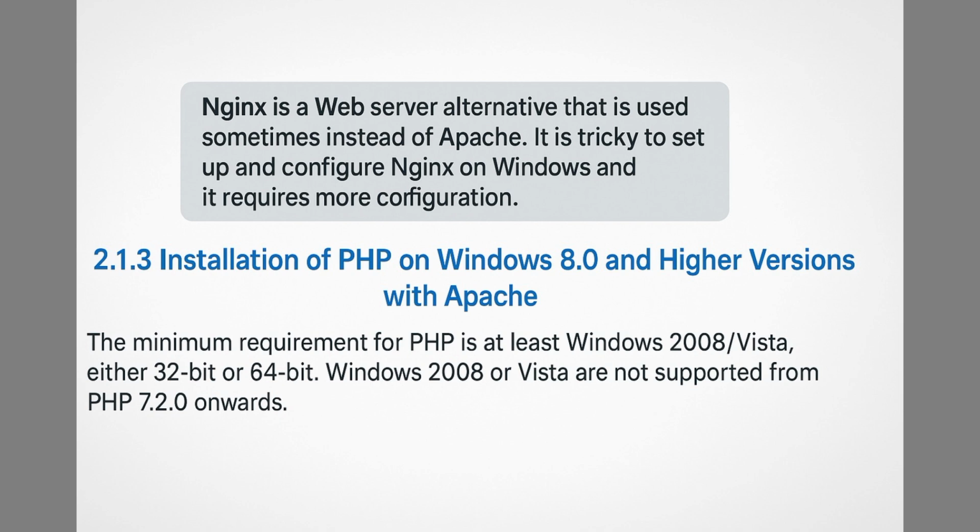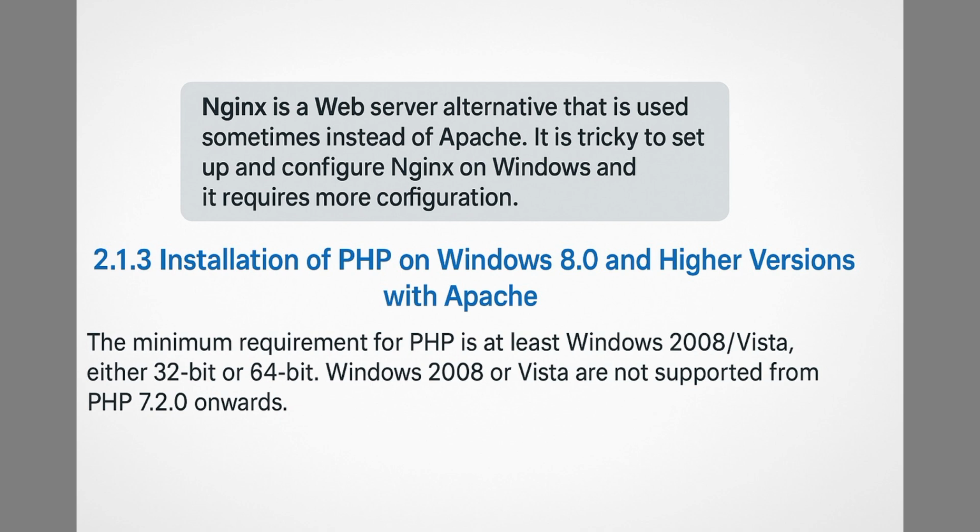However, on Windows systems, setting up and configuring Nginx can be more complex compared to Apache. It requires additional steps and deeper technical understanding to configure it properly, especially when linking it with PHP. Therefore, most beginners and intermediate users prefer using Apache because it's easier to install, configure, and manage.